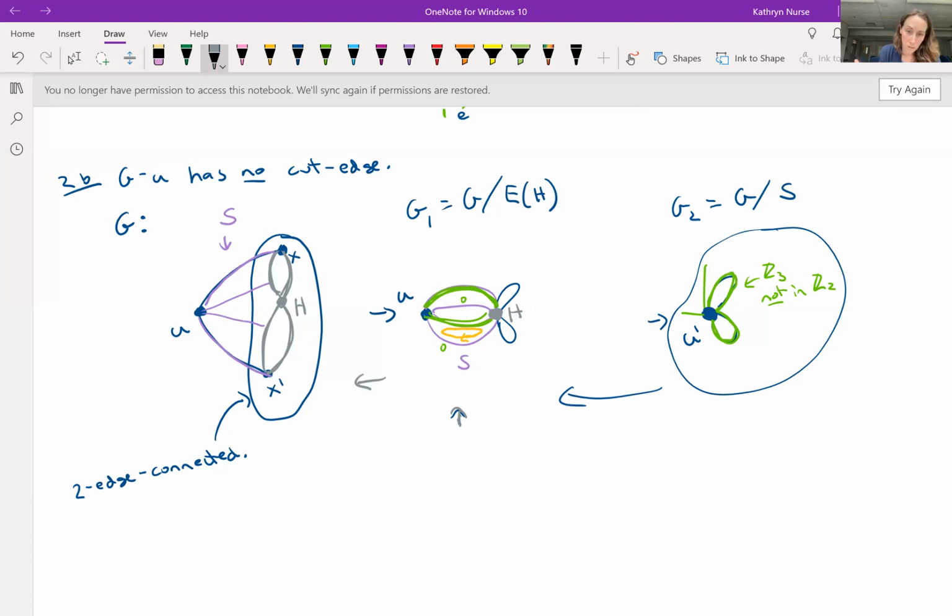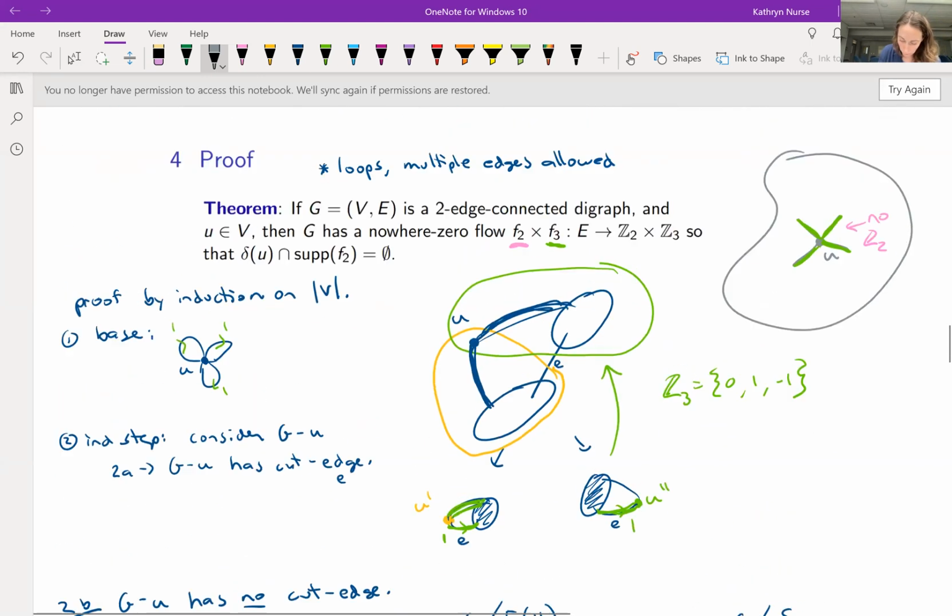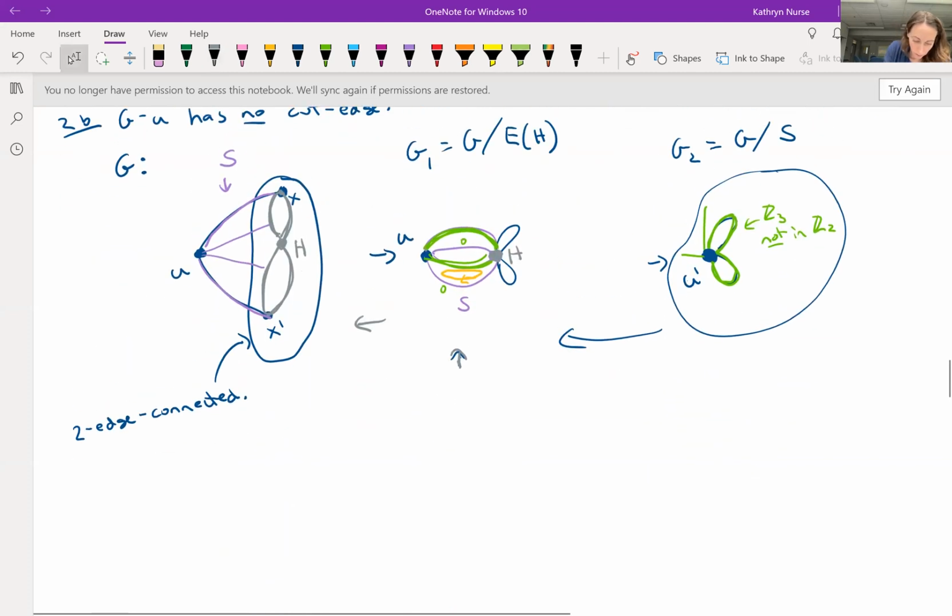So we're allowing 0 in Z mod 3, but now this time, because we've chosen H to be an even subgraph, we just take an Euler tour of this graph. I just want to see what color I wrote for Z2. I picked pink. So an Euler tour of this graph, we just basically go around this way and put 1 on all these edges in our Z2 flow. And so these edges in H, they may be in the Z3 flow, but they're certainly in the Z2 flow.